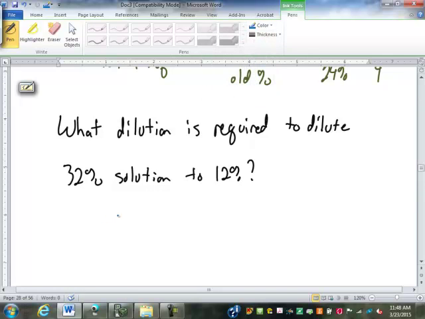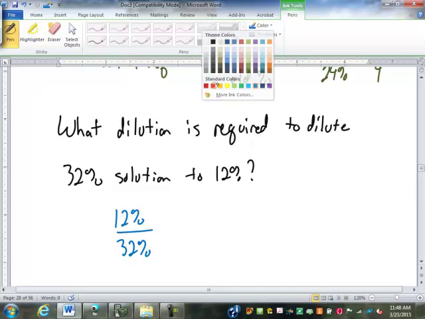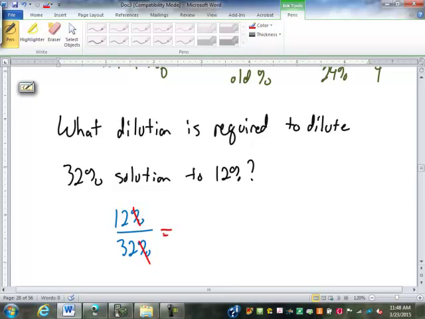Well, what that means is we're going to take the 12%, that's the diluted percent, over the concentrated percent, the 32%. The percents, of course, cancel out. 12 and 32 can both be divided by 4. That's going to be a 3 in 8 dilution.